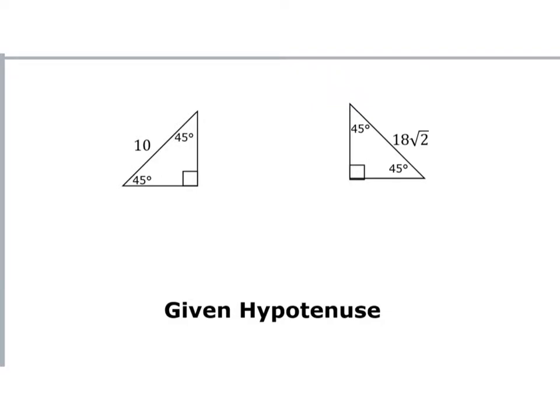My hypotenuse is 10. What are my two legs? 5 square roots of 2. My hypotenuse is 18 square roots of 2. What were my legs? 18. Ooh. Wow. Okay, any questions on any of those? Right.